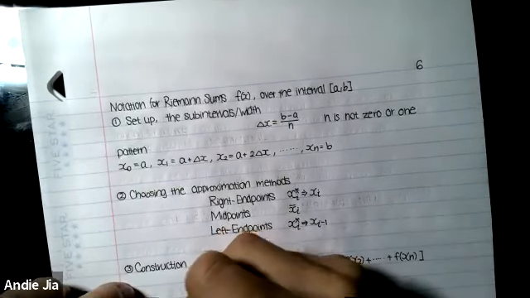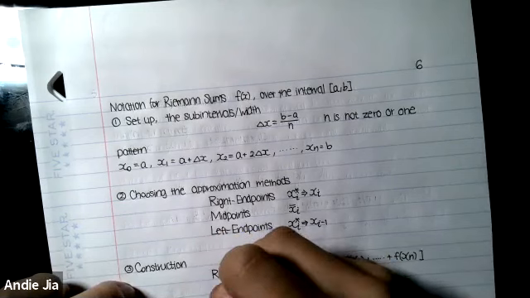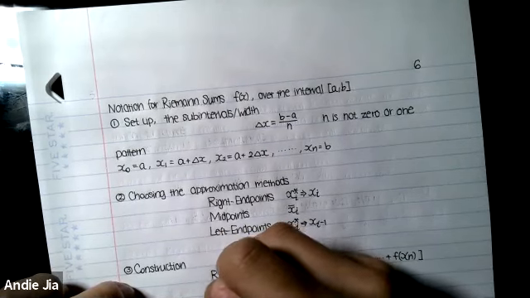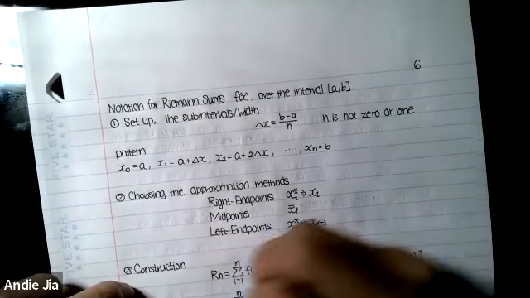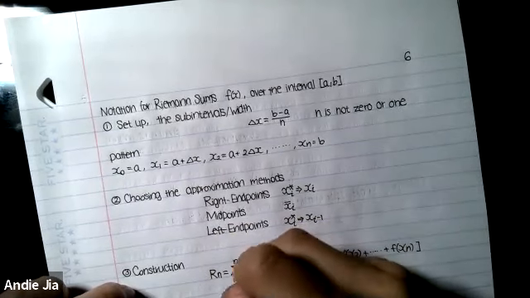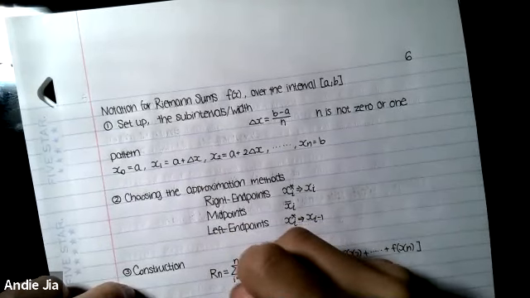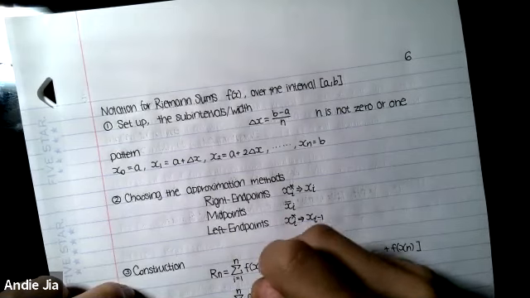Then for the midpoint, it's f of x bar i, and then the width is the delta x.